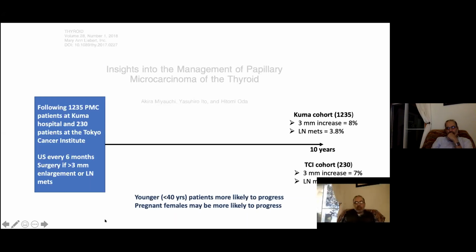And essentially what they showed is that in both cohorts, either Kuma or the Tokyo Cancer Institute, the overall risk of tumor enlargement was very low, and this is a 10-year follow-up. 7 to 8% of these patients showed an increase in the size of the tumor.